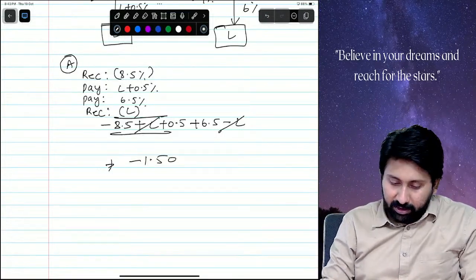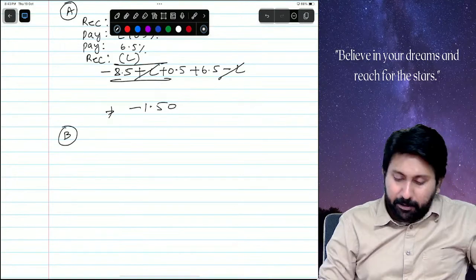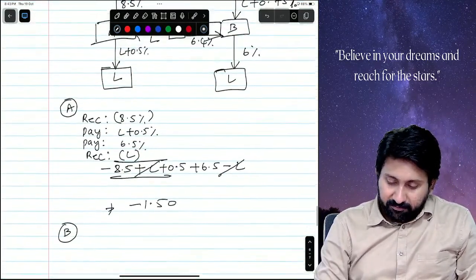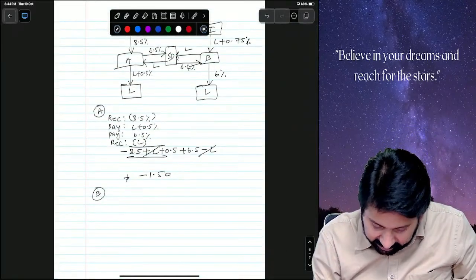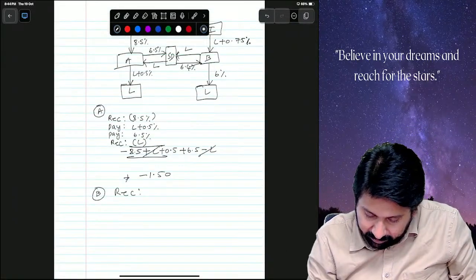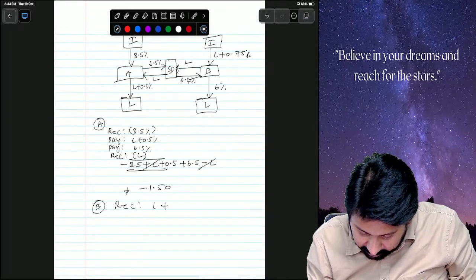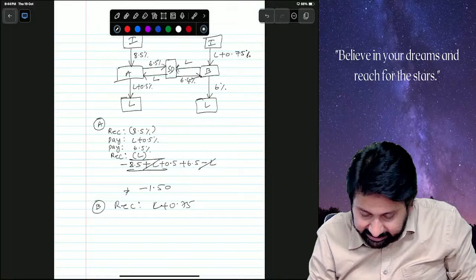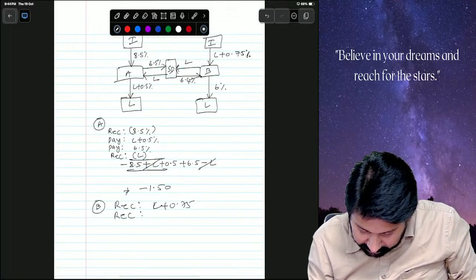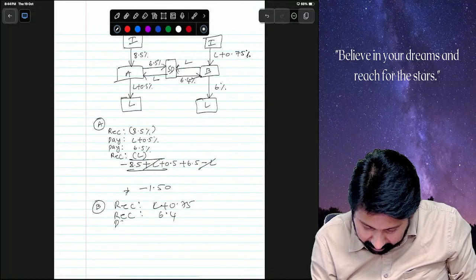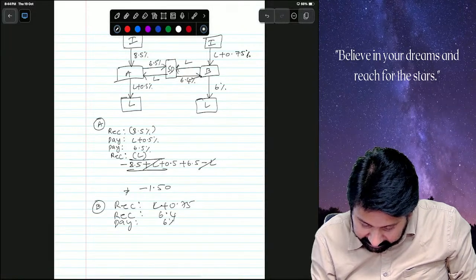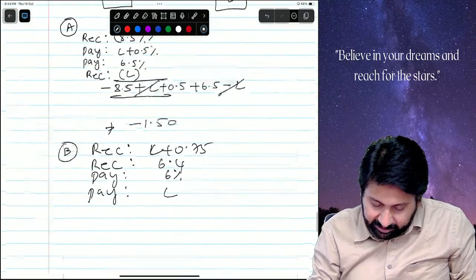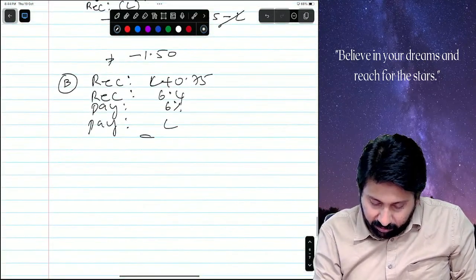Listening or not? Over. Next, from B's point of view, tell the answer. One by one, tell me. First, we will receive. Receive how much? First tell the receipts. Receive 6.4. Next, pay 6 plus LIBOR. Tell the overall result.